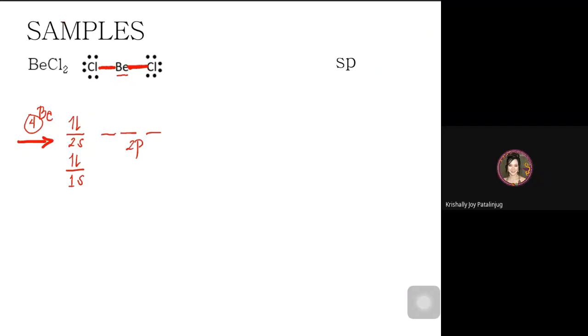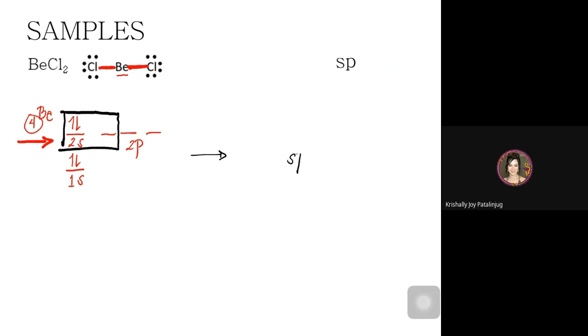Ilan ulit yung kailangan natin? Dalawa. So, isang s, isang 2p, forming an sp hybrid orbital. Ilan yung orbital under sp hybrid orbital? Dalawa. Ilan yung valence electron ng beryllium? Dalawa. Okay?